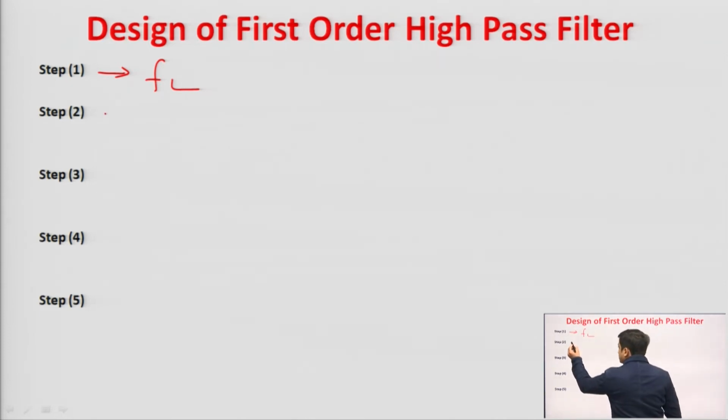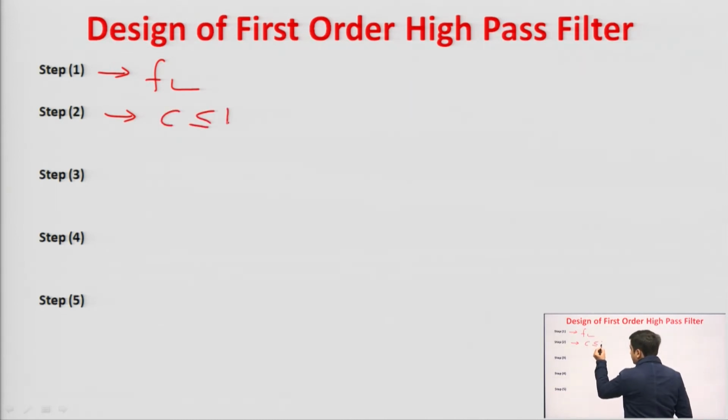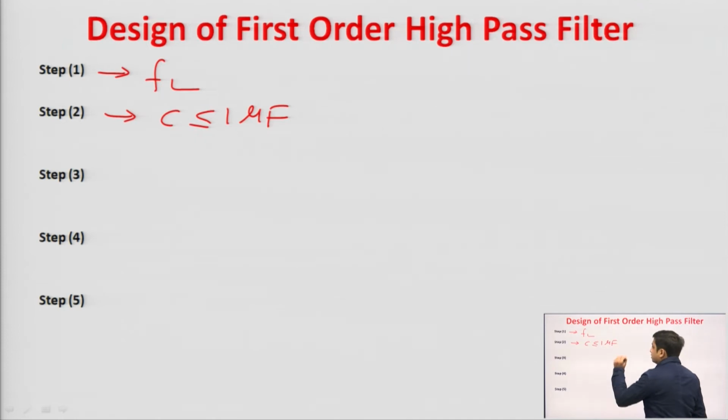Second step is we consider some value of the capacitor. Normally we consider the value of the capacitor less than or equal to 1 microfarad. We can take any value of the capacitor less than 1 microfarad. Normally we take the value of the capacitor that is of the fixed value and that is available in the market, for example, 0.01 microfarad, 0.1 microfarad, 0.0047 microfarad.